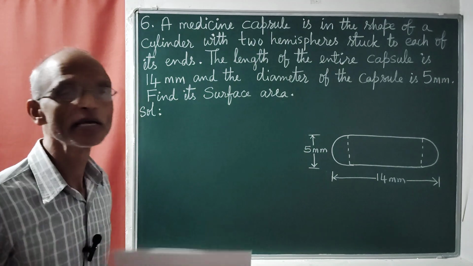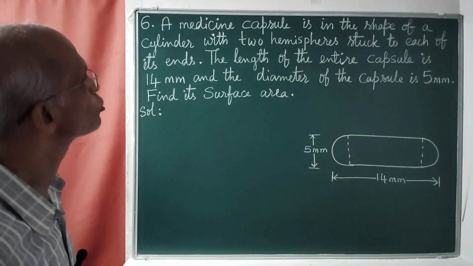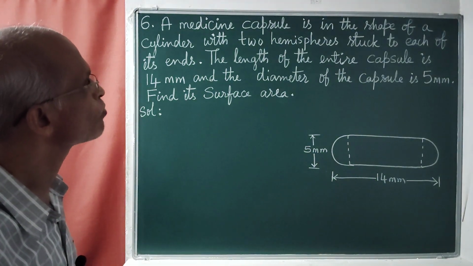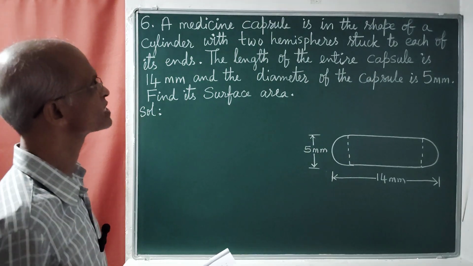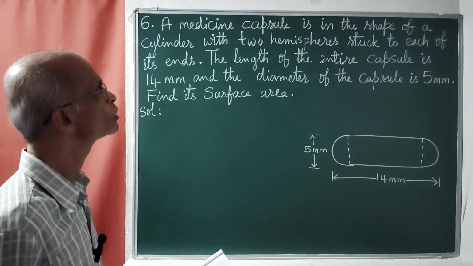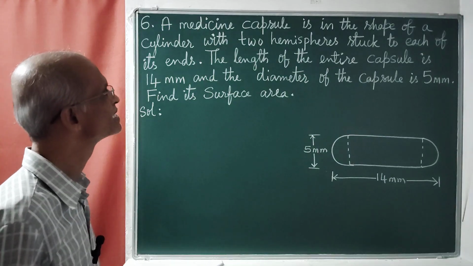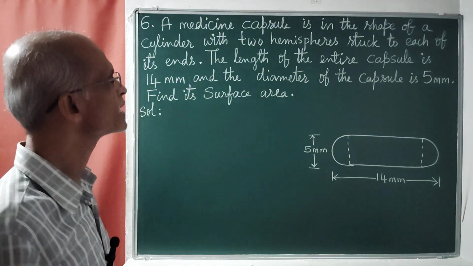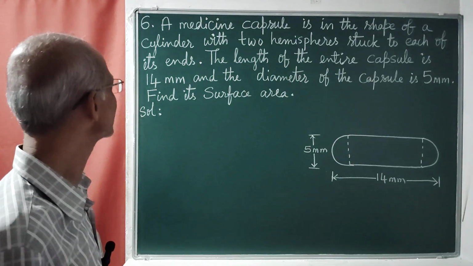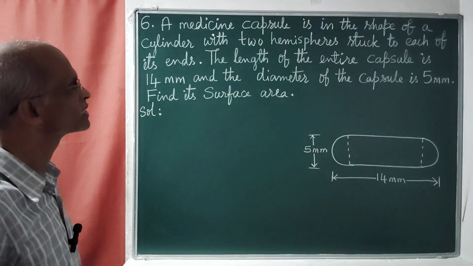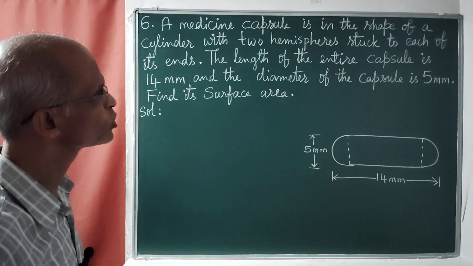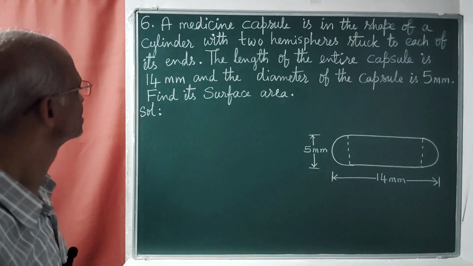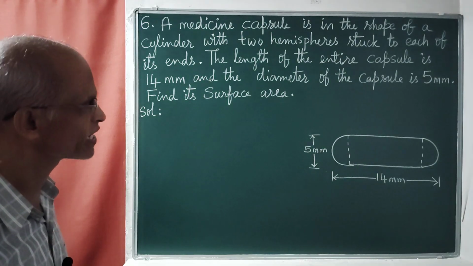Sixth question. A medicine capsule is in the shape of a cylinder with two hemispheres stuck to each of its ends. The length of the entire capsule is 14 millimeters and the diameter of the capsule is 5 millimeters. Find its surface area.